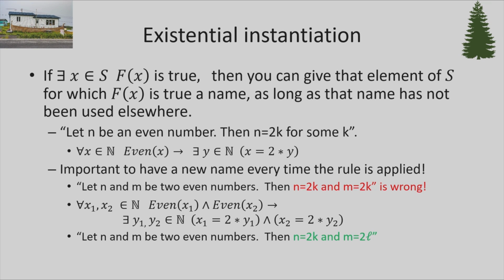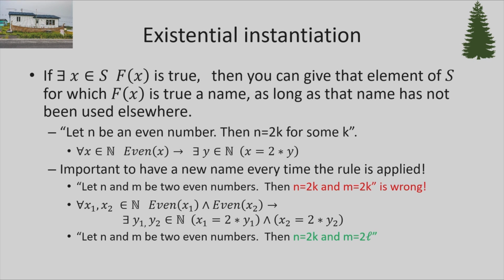So one thing to keep in mind is every time we are applying this rule, every time we are bringing in a name, we need to introduce a name that we haven't used before for anything else. So if we say even number means there is some k such that my number equals 2 times k.